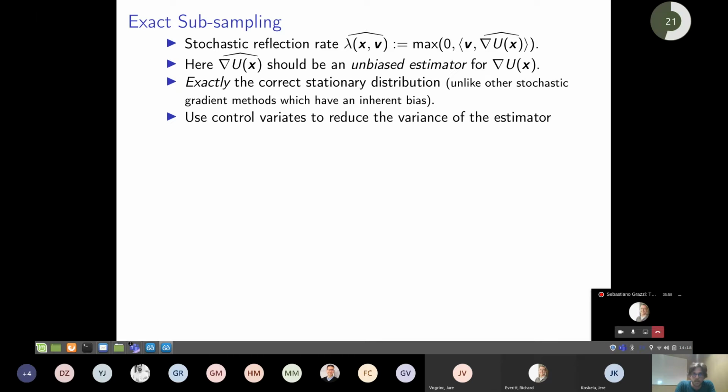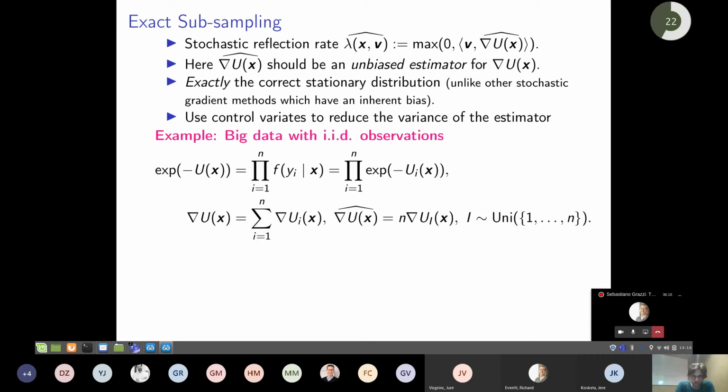And the magic of the piecewise deterministic Monte Carlo samplers is that although we are not evaluating the gradient exactly, we still have the correct stationary distribution. And then we can also use control variates if we want to reduce the variance of the estimator.